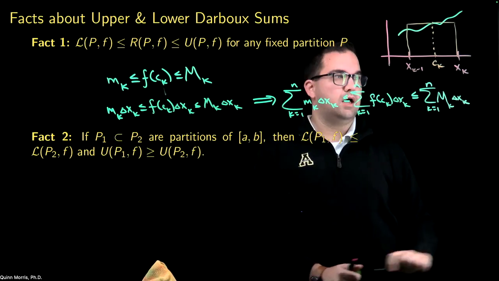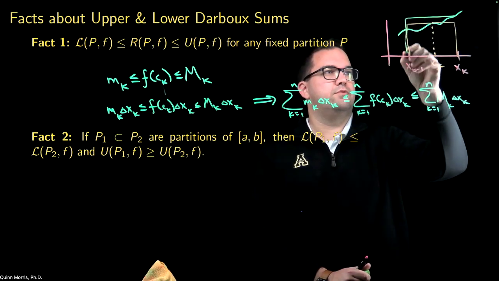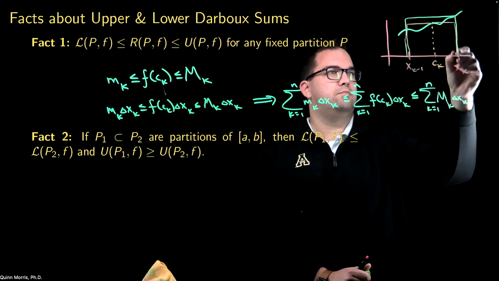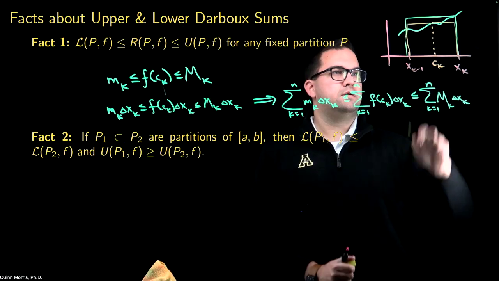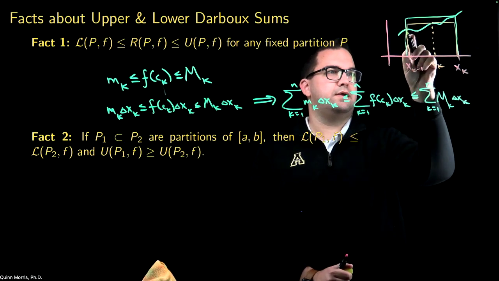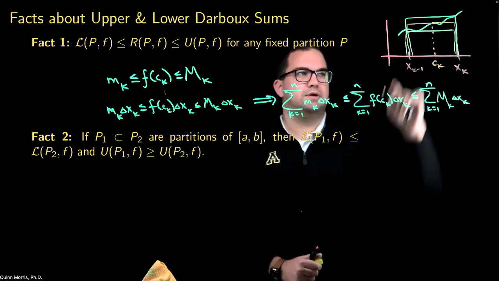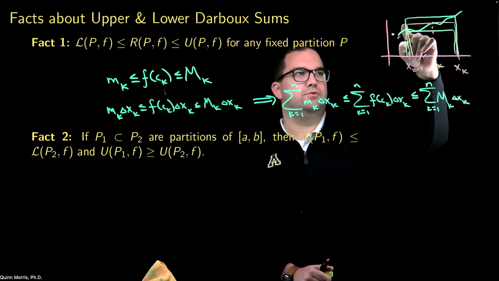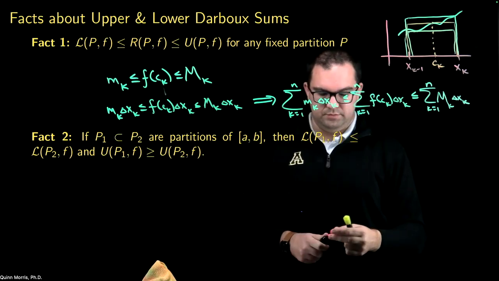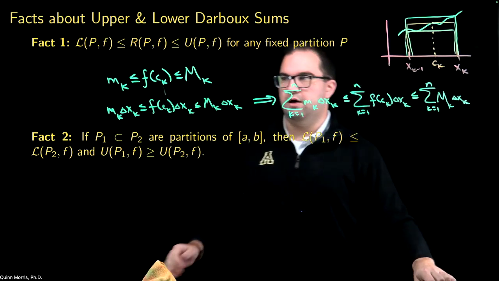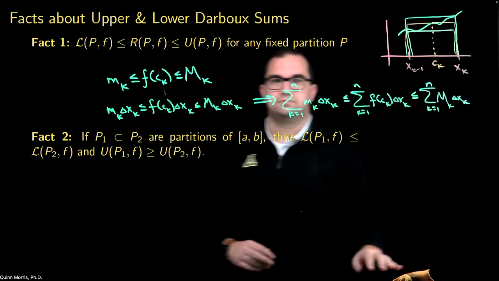The upper Darboux sum would be represented by the largest value over this subinterval, which occurs at the right-hand endpoint. And the lower Darboux sum looks like the minimum value for this function occurs about here, so the lower Darboux sum would be sitting here. So again, lower Darboux sum less than or equal to the Riemann sum less than or equal to the upper Darboux sum. You get this nice ordering of these upper and lower Darboux sums and Riemann sums.